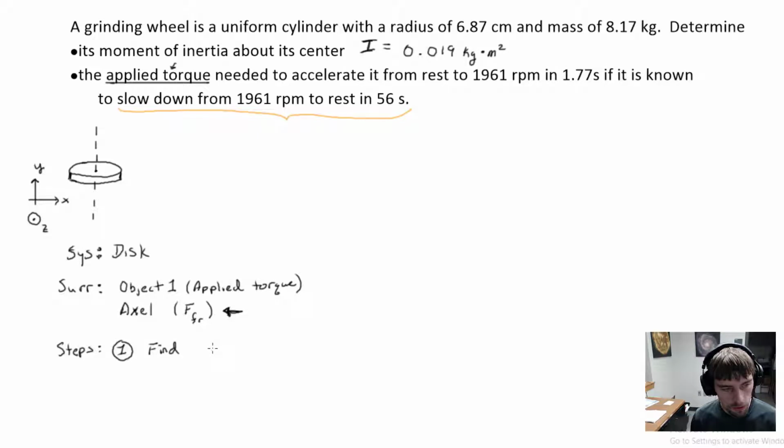So I'm going to find the torque due to the frictional force, and how I'm going to do that is by looking at alpha. I'll label this as alpha friction. In other words, what would the angular acceleration be if it were only the frictional force? And then number 2, we'll find tau applied.